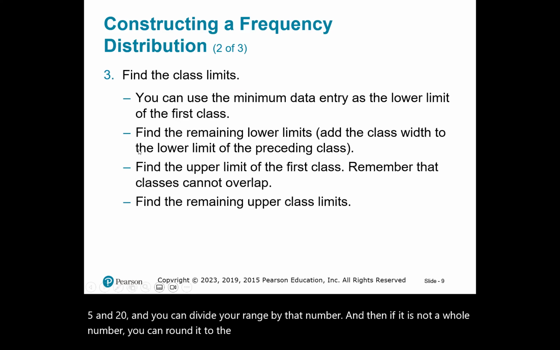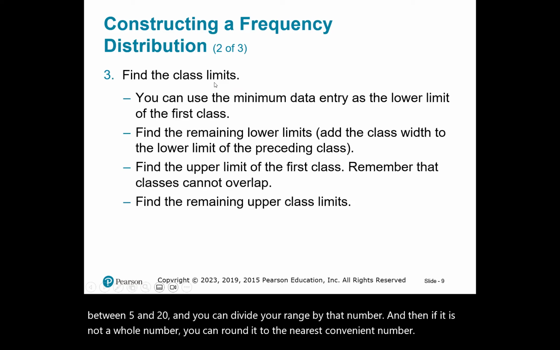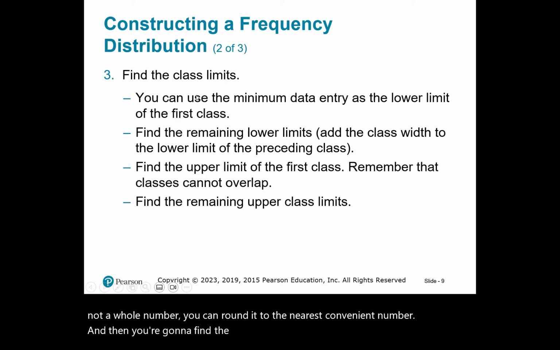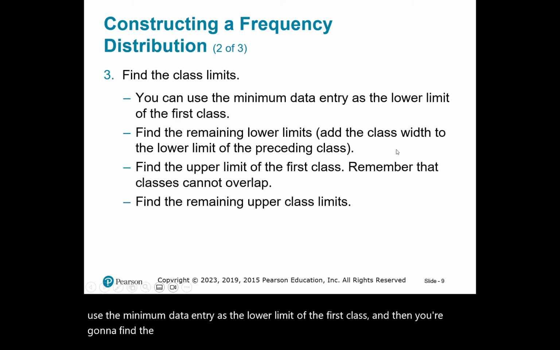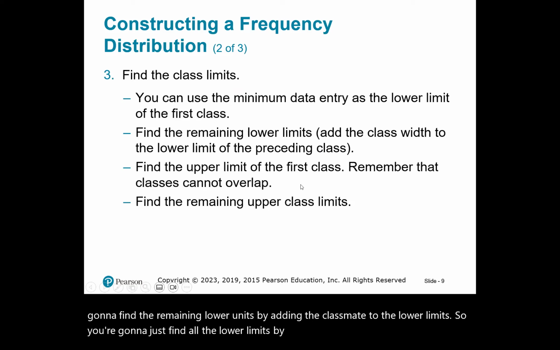And then you're going to find the class limits, especially the lower limits. You're going to use the minimum data entry as the lower limit of the first class. And then you're gonna find the remaining lower limits by adding the class width to the lower limits. So you're gonna just find all the lower limits by adding the class width.